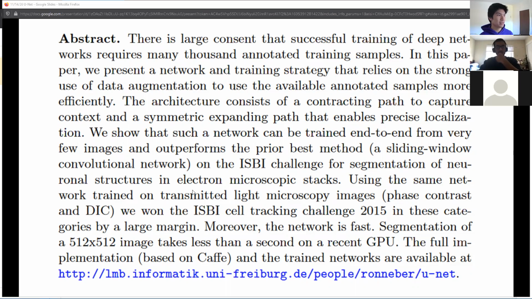Using the same network trained on transmitted light microscopy images, so more biomedical scan data, we won the ISBI Cell Tracking Challenge 2015 in these categories by a large margin, hence why they are so widely cited. Moreover, the network is fast. Segmentation of a 512 by 512 image takes less than a second on a recent GPU, recent for 2015, that is. The full implementation based on Caffe and the trained networks are available. That's always a good sign.